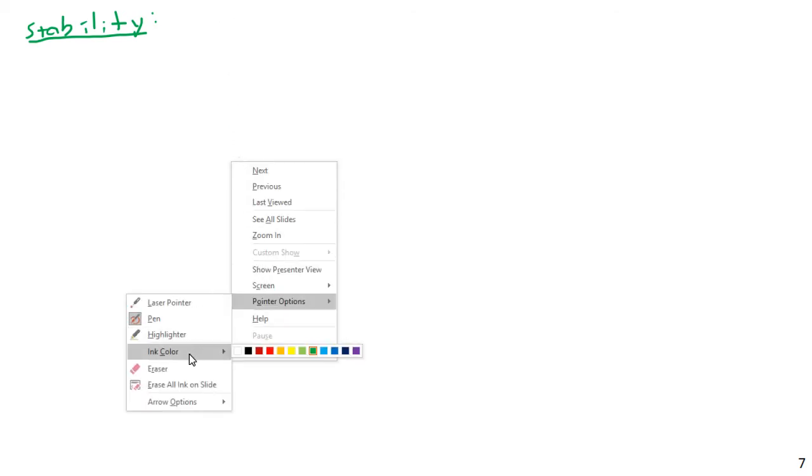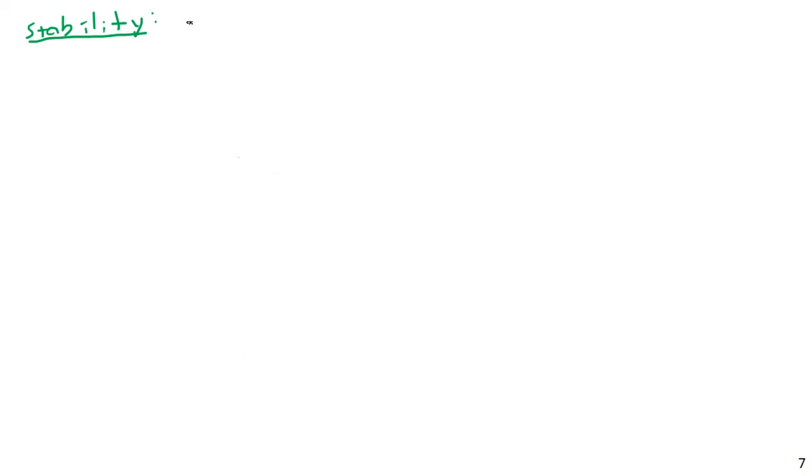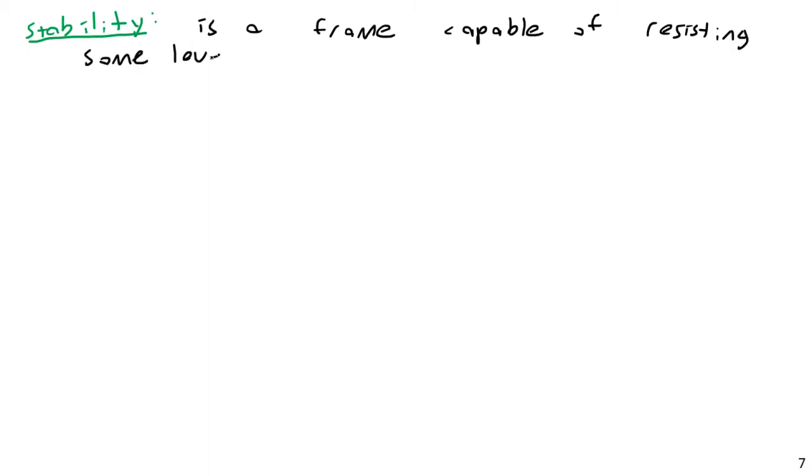When we ask whether something is stable, we are saying, is a frame capable of resisting load in all directions? Some level of load in any direction.